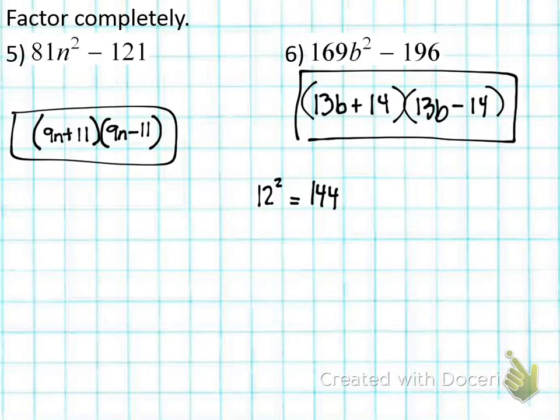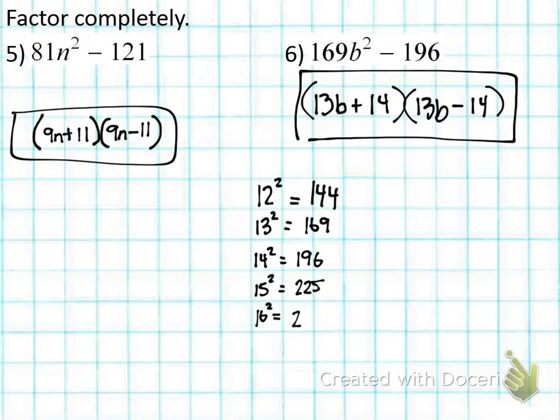You should write these down, please. 13 squared. 169. 14 squared. 15 squared. 225. 16 squared. 256. Okay. I would suggest you learning these up to 25 or getting familiar with them.